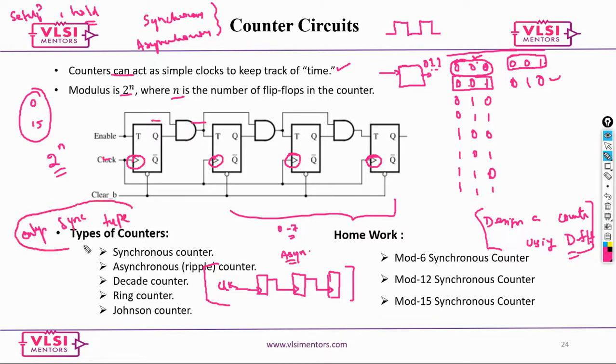Now remember we talked about 3 GHz speed. What does this mean? Your clock period is 333 ps.